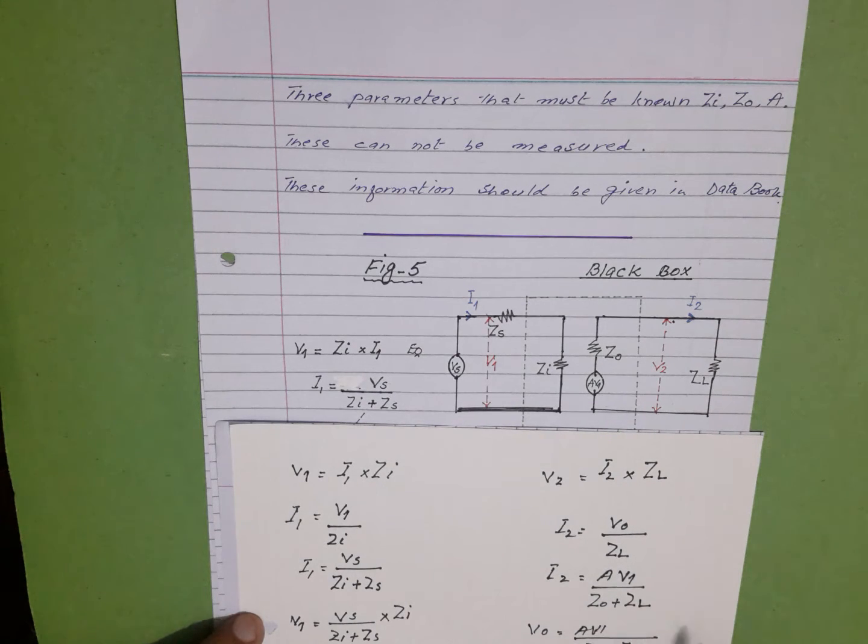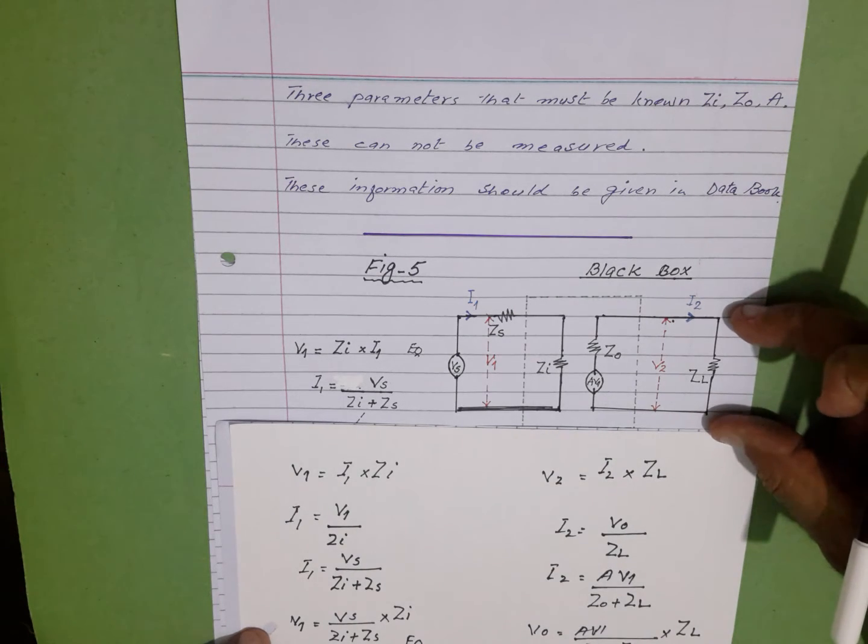This is the value of current multiplied by impedance becomes voltage. This is equation 1. This is equation 2.